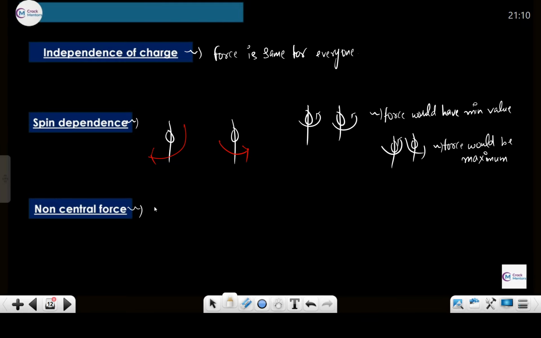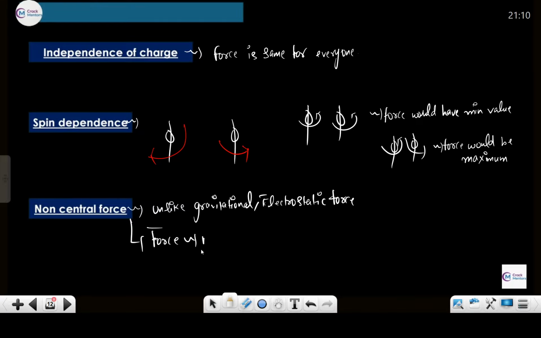Okay, non-central force, unlike gravitational force and electrostatic force.